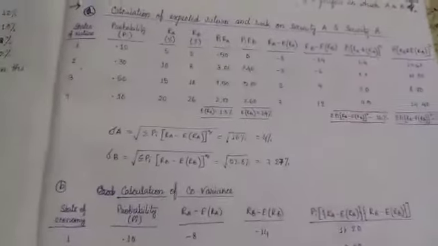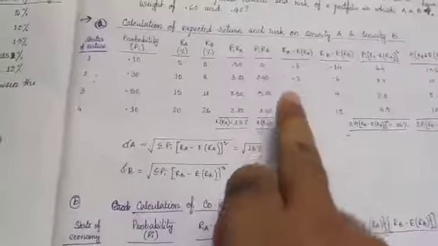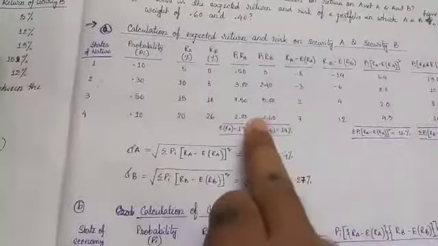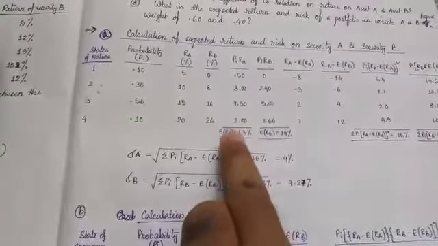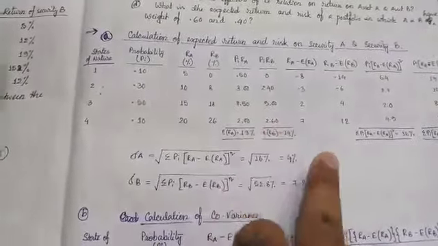Whenever we are constructing the portfolio, risk and return are related positively. That means the security giving the lower return has lower risk, the security giving the higher return has higher risk.